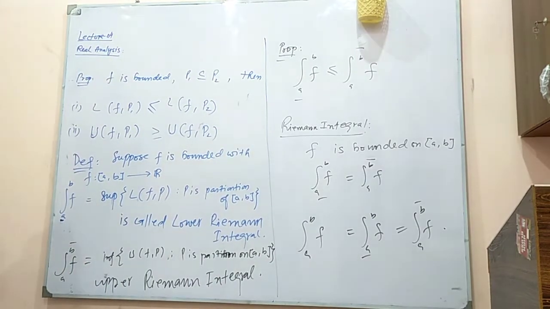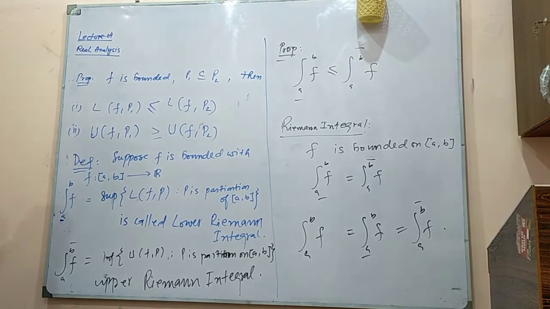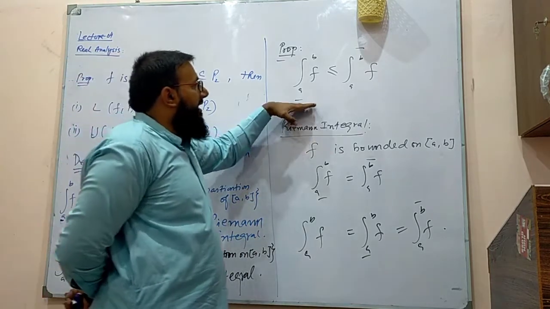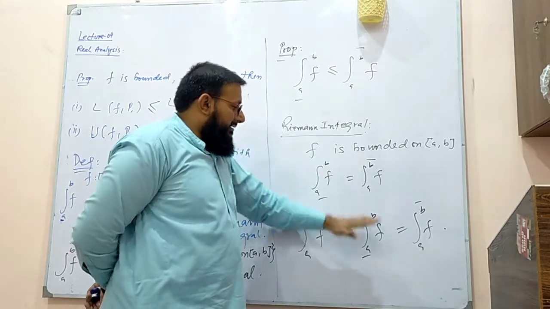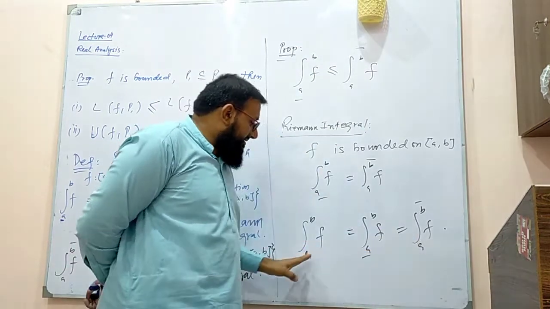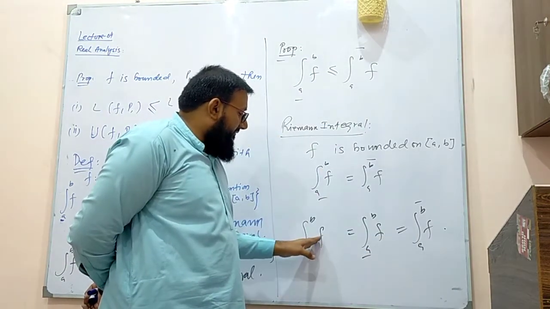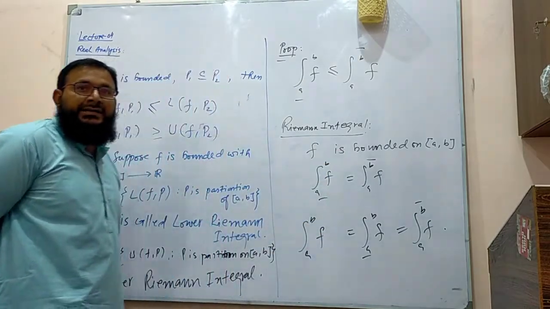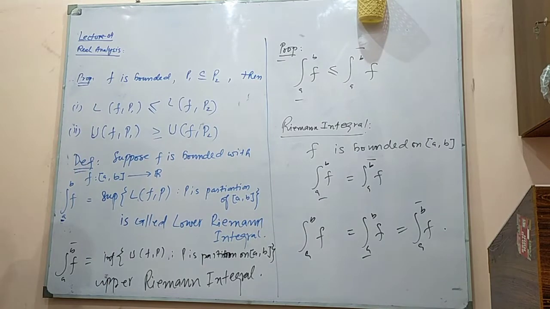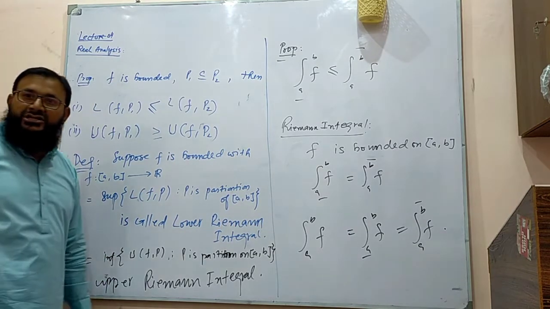Okay, so I think it is clear that whenever the lower Riemann integral is the same as the upper Riemann integral, we call that common value exactly the Riemann integral of the function, and hence we call f Riemann integrable. Can you see some changes from the ordinary notation?